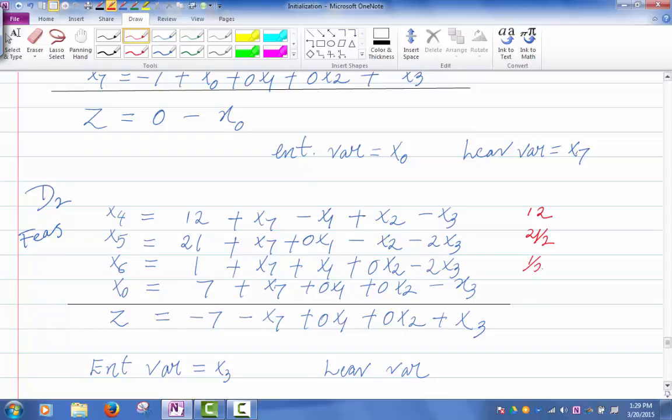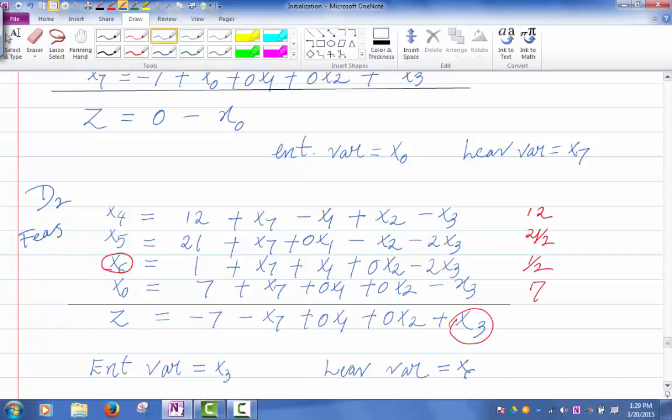Half. What's the largest value of x3 you can pick in the last one? Okay, which one is the smallest? So my leaving variable would be x6. So my entering is x3, leaving is x6.